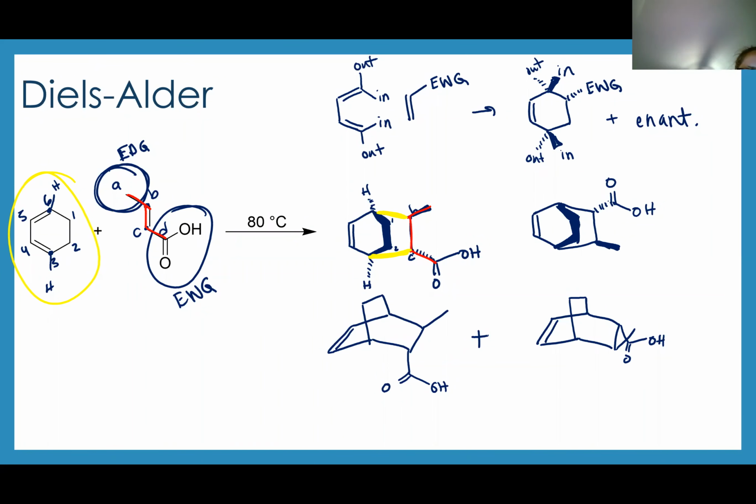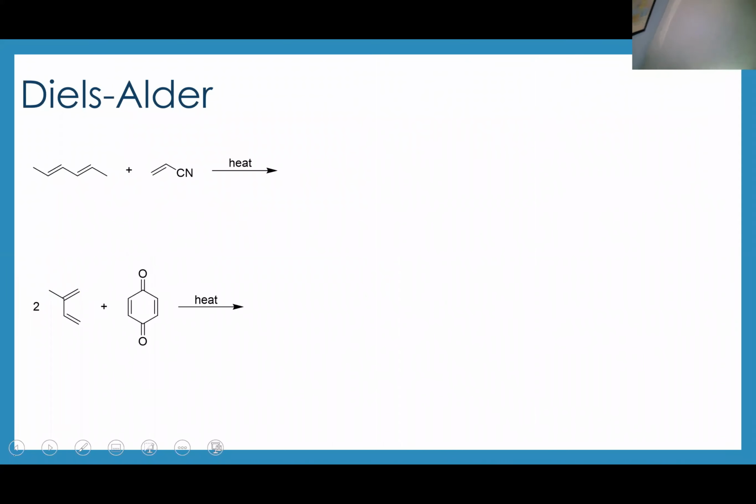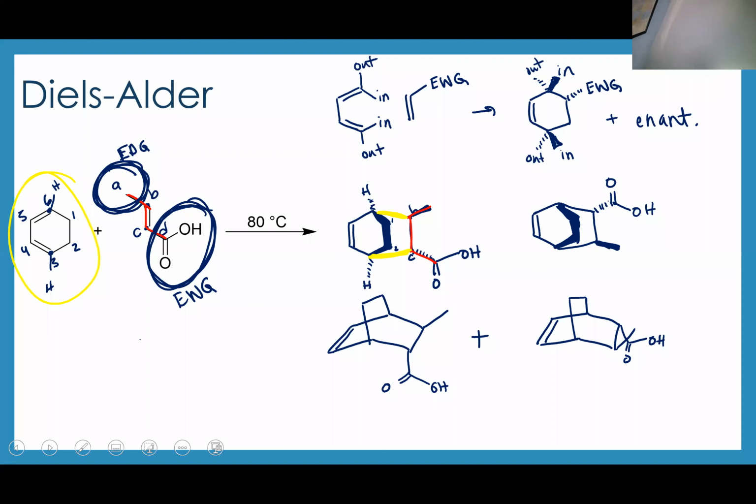Okay, good. So the main reason that I wrote this example out is because when you have an electron withdrawing group and an electron donating group on your dienophile, you have to make some choices about your major product. If your dienophile is cis, you don't have to make any choices. If you have an electron donating group and an electron withdrawing group, they both get to go down because they're cis.